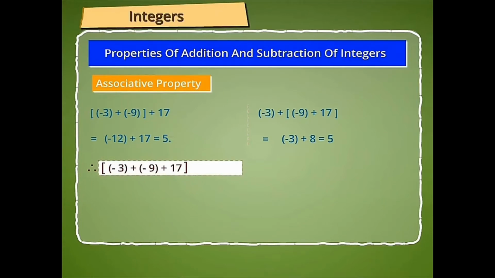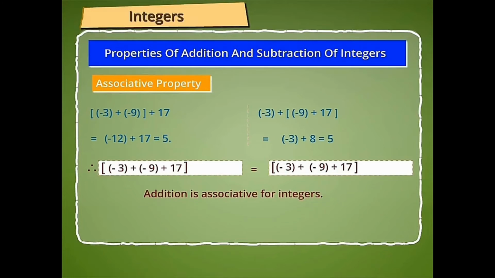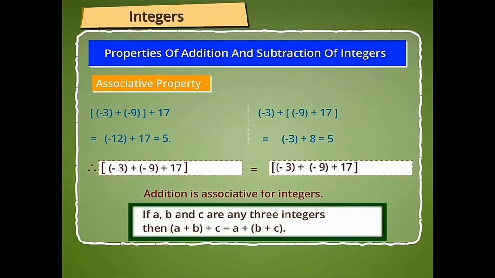Therefore, the two groupings give the same result. Thus, addition is associative for integers. Hence, if a, b, c are any three integers, then a plus b plus c is equal to a plus b plus c.